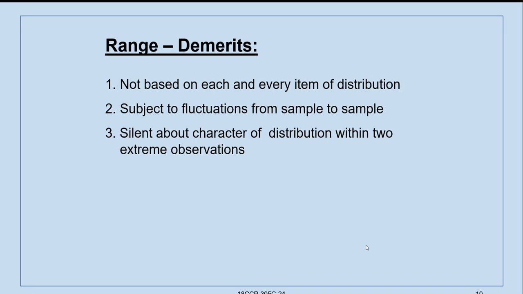That is the point. Subject to fluctuations from sample to sample. So we will not bother what are the items in between L and S. We are only interested in largest item and smallest item. That's all.